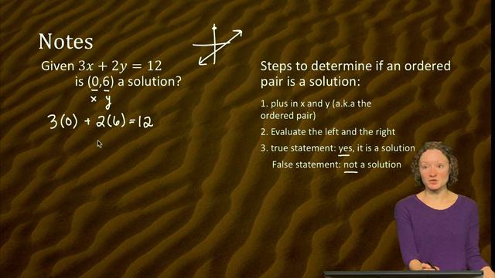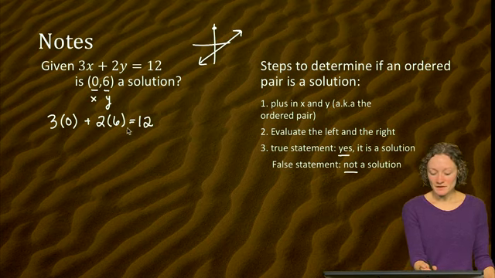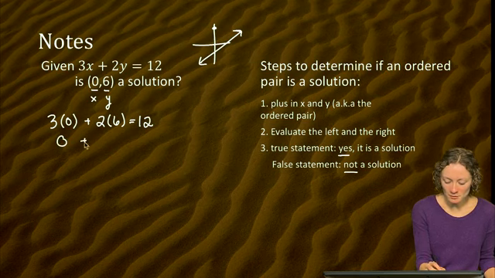And we're seeing if this is a true statement. So evaluate the left and the right independently. 3 times 0 is 0, plus 2 times 6 is 12. 0 plus 12 is 12. That's the left. And on the right, there's really nothing to evaluate. We just have the number. We get 12 equals 12. So we plugged in, we evaluated the left and the right, and now we assess.